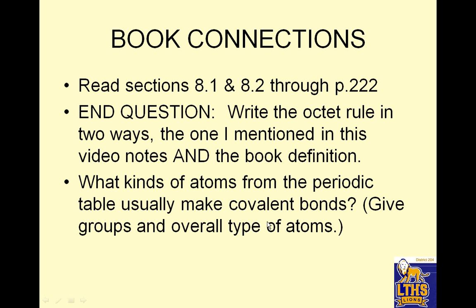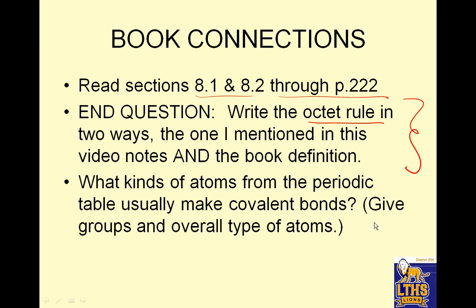Please read sections 8.1 and 8.2 in the book through page 222. Here's your end question. Look in the book and read about the octet rule. I mentioned the octet rule by giving a number and a saying for it, and make sure you look up the book definition.